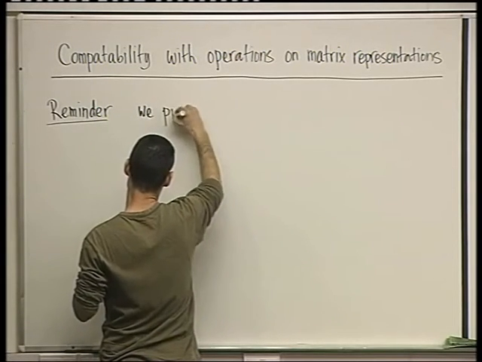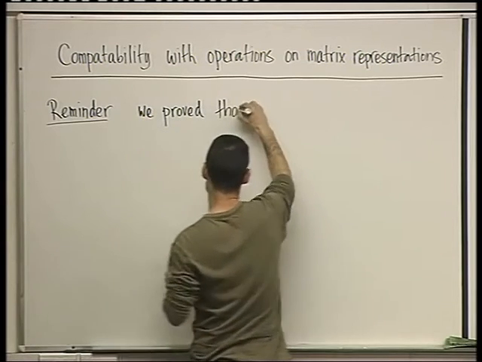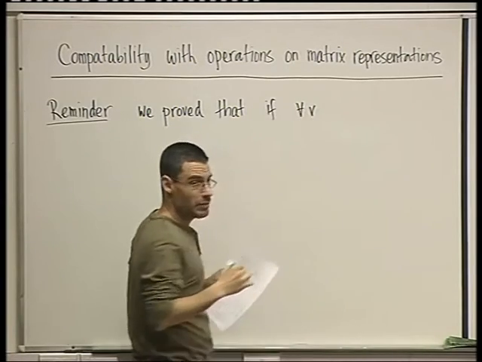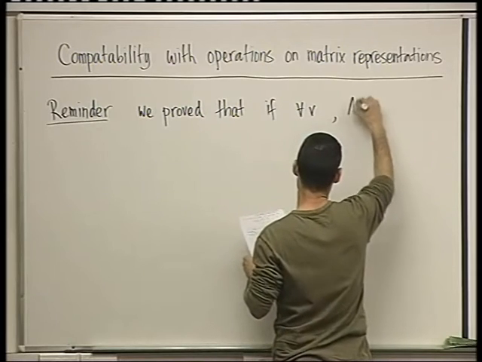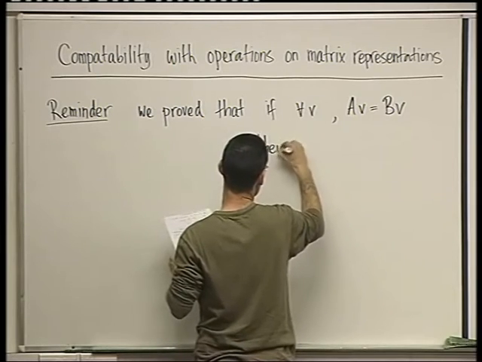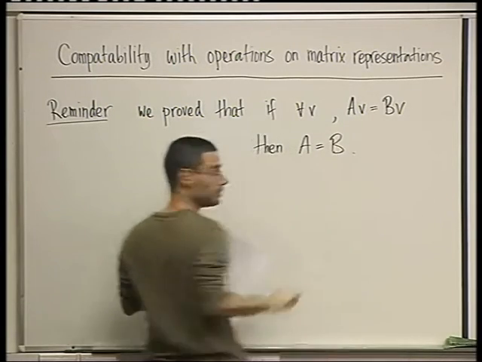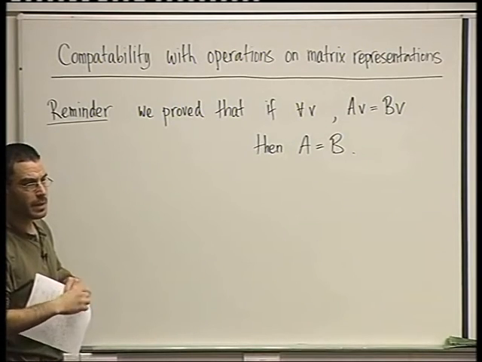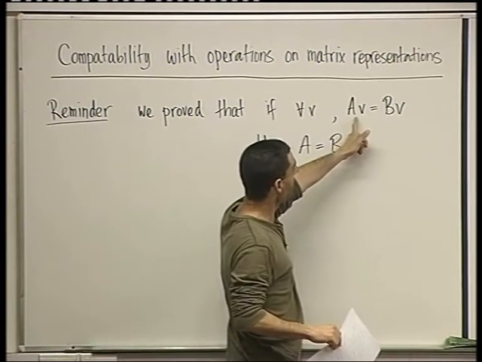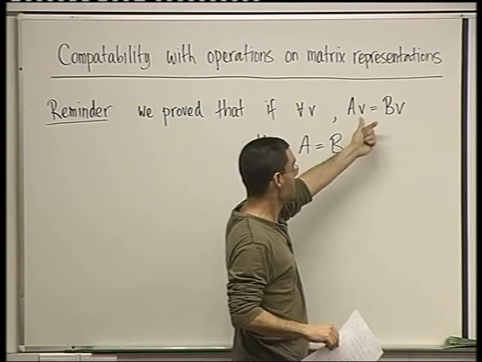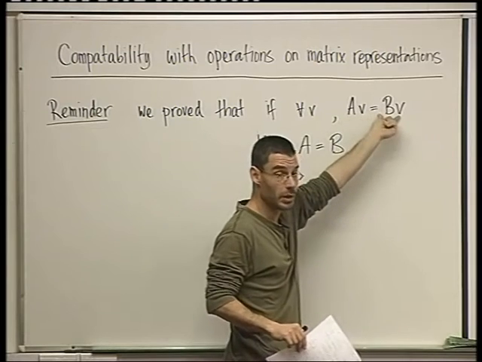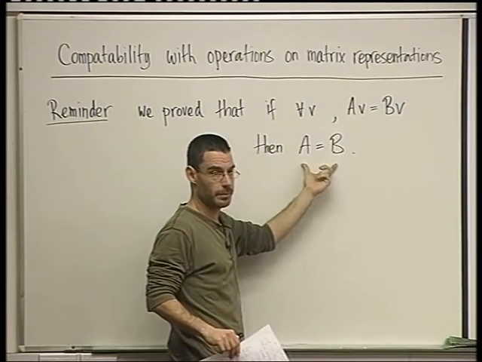We proved that if for any vector v in a vector space, Av equals Bv, then A equals B. Do you remember this statement? It was rather long ago. You can look it up. But we proved that if for every v, not for some v, for every v, they're equal, then the matrices coincide.